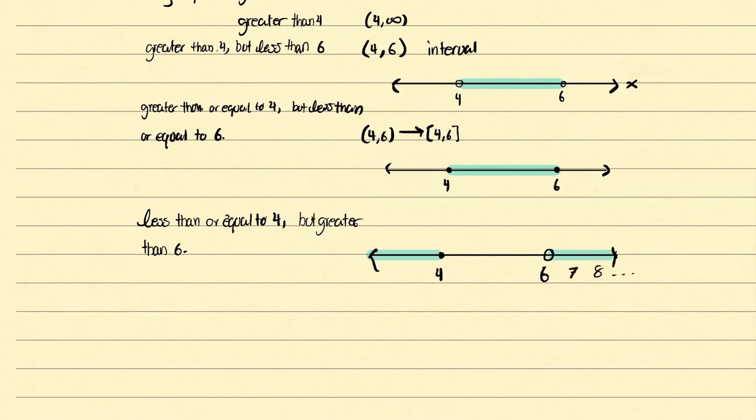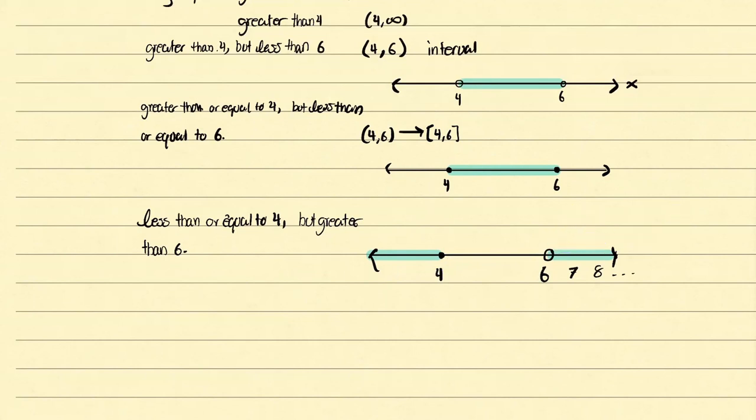So now, how do I describe both of these intervals? Because now I don't have these connected intervals. The lowest value isn't 4 and the highest value isn't 6. It goes from negative infinity to 4, and then it drops off and disappears, and then picks up again at 6 to infinity.